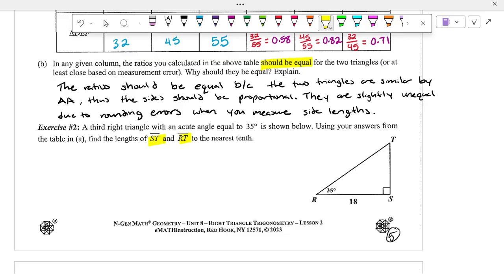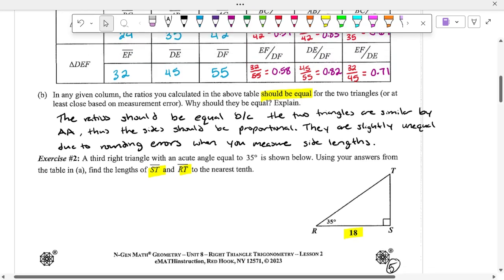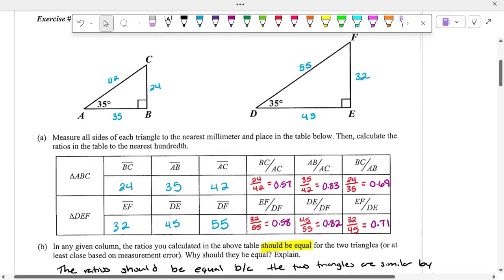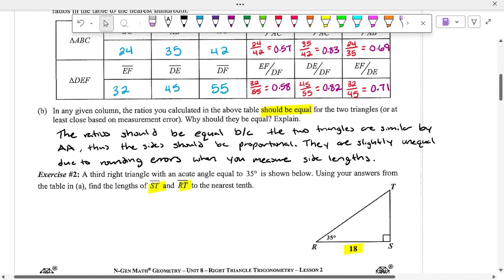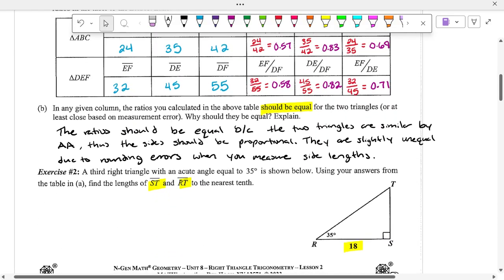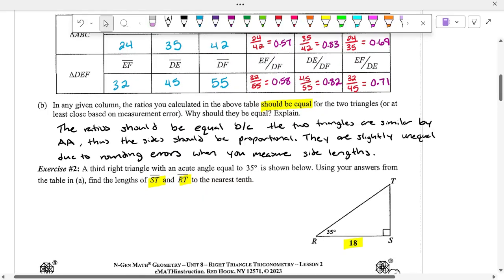So we have RS. All right. They gave us RS, so we're going to use that one in relation. Now we're going to look at the proportions up top and ask ourselves which proportions contain the corresponding side to RS.